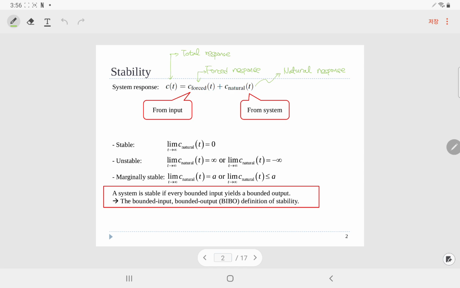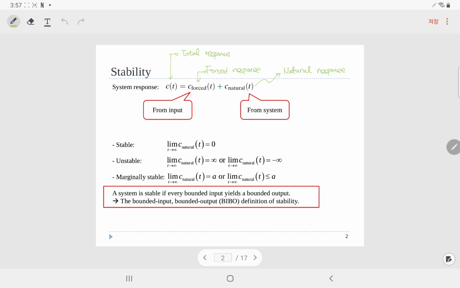So if the system is stable, you can see that as time t approaches infinity, the total response approaches the forced response. Let's consider the unstable case, the second one. A system is called unstable if the natural response approaches plus or minus infinity as time approaches infinity. So if the system is unstable, you can see that the total response c of t approaches plus or minus infinity.